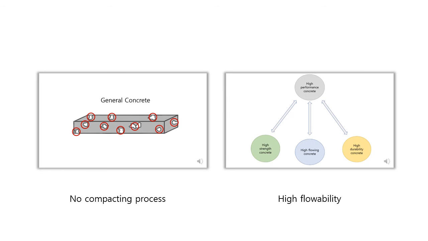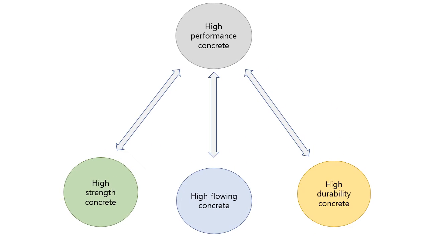The second reason why the engineers had to use self-consolidating concrete is high flowability. To operate as a high-performance concrete, high strength, high flow, and high durability are needed.